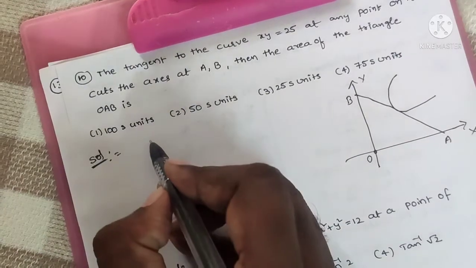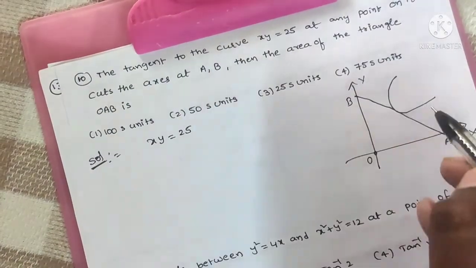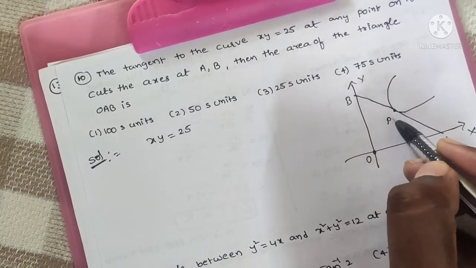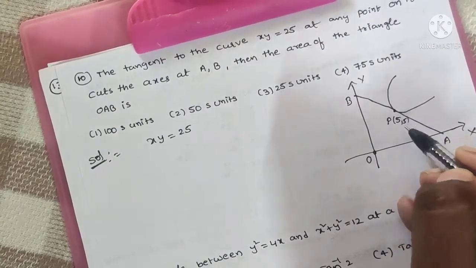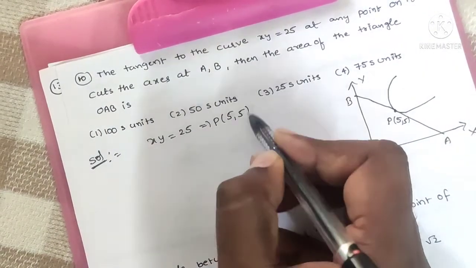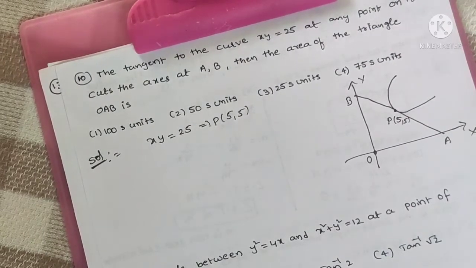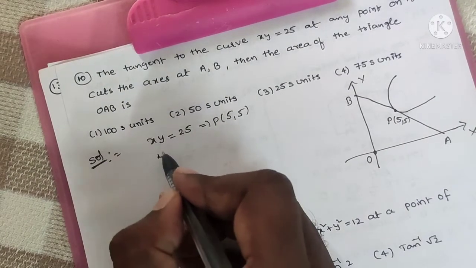Now the given curve is xy is equal to 25. If the point satisfies xy equals 25, I can take the point as 5 comma 5. Why? Because 5 comma 5 satisfies this condition. Now differentiate this curve.